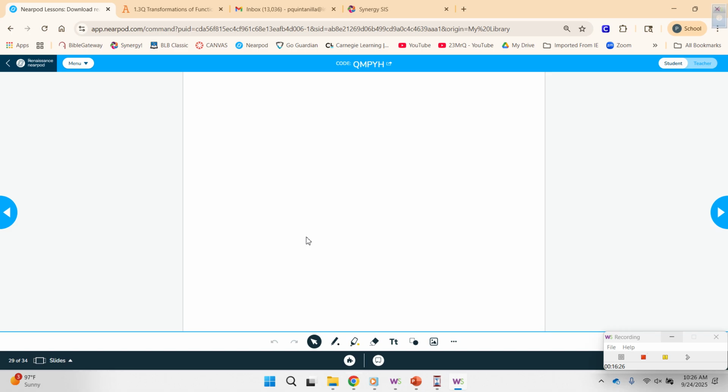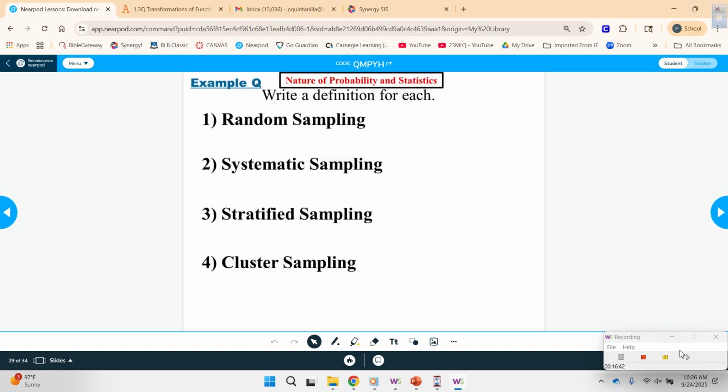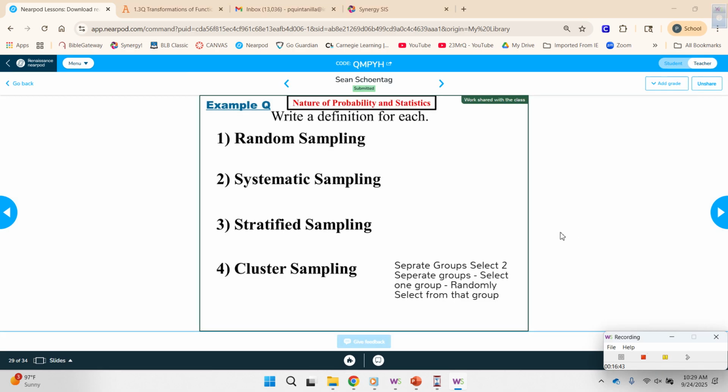Hurry up. Write it on your screen for stratified only. 20 seconds. So according to Sean, he said separate into groups. Pick one of the groups, and then from that group you randomly select those that you're going to collect data. Hands if you got something like that. That is correct.